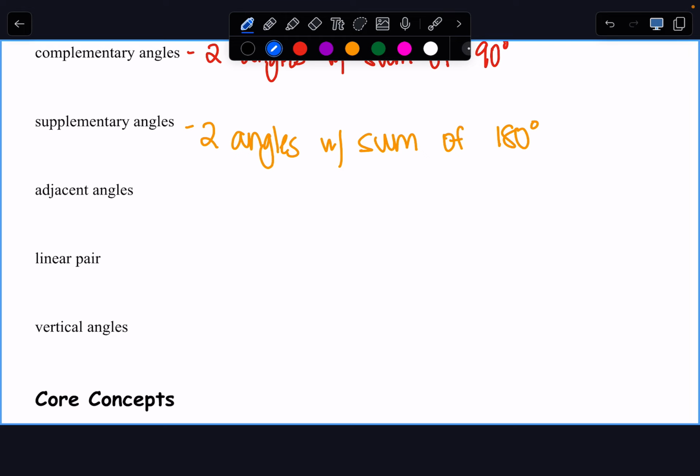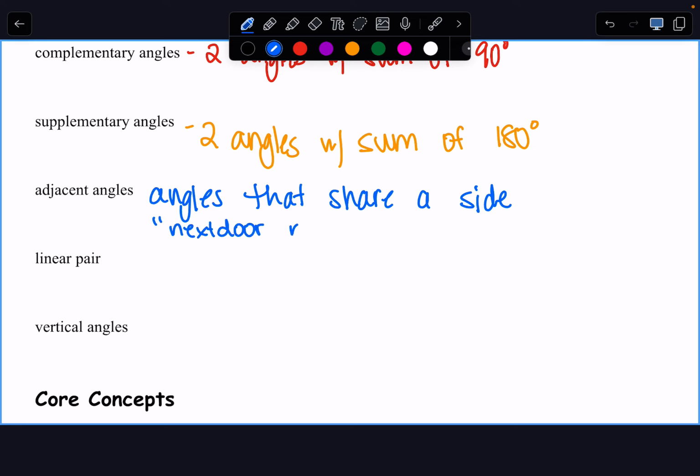Okay. So adjacent angles are angles that share a side. I like to say they're next door neighbors, right? Because they share that side.